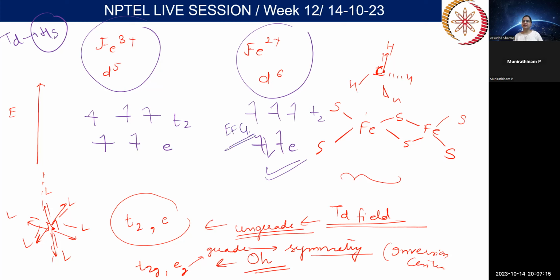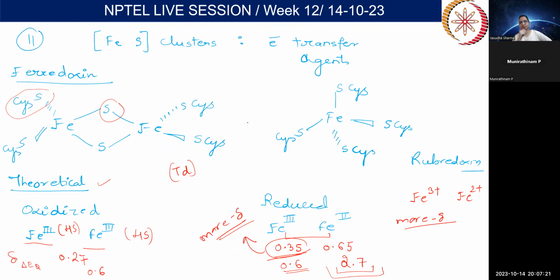So is there any lattice contribution in both the cases? This is the actual structure. Are the two ligands that are connected to the iron the same?